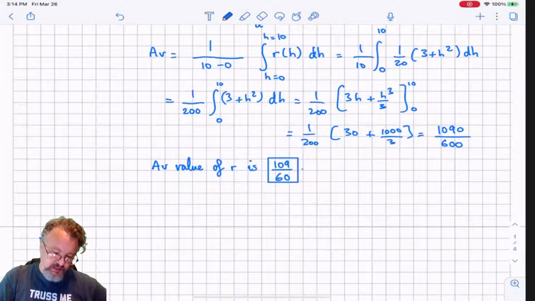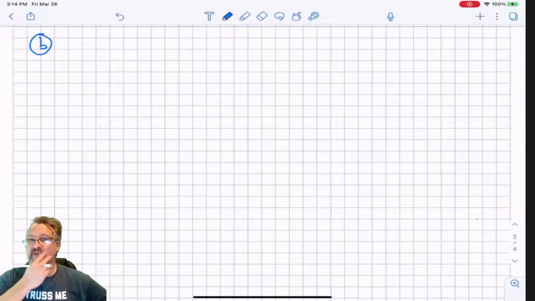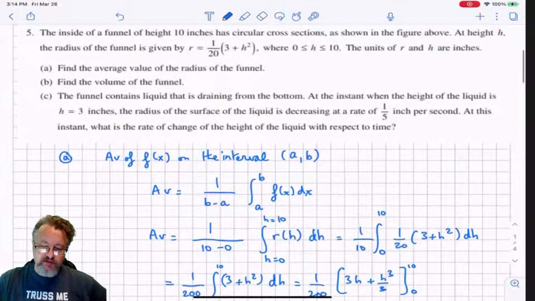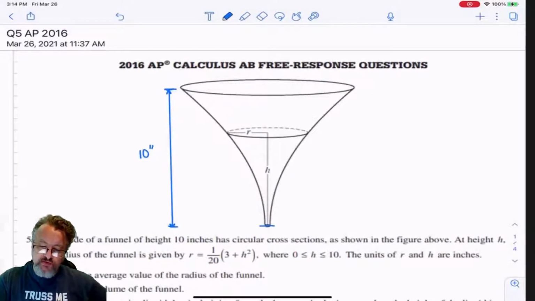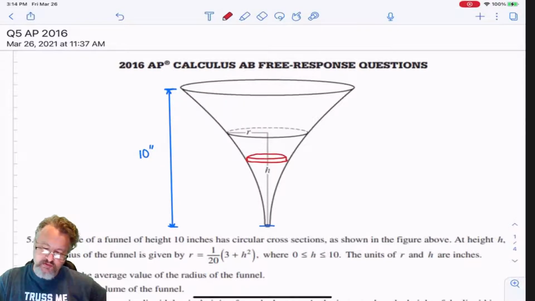Part B now. It's behind me. Let me bring it up right here. Okay. So actually, let's read the problem first. Part B, find the volume of the funnel. Okay. So for the volume of the funnel, what we're going to do is consider this elementary disk right here.